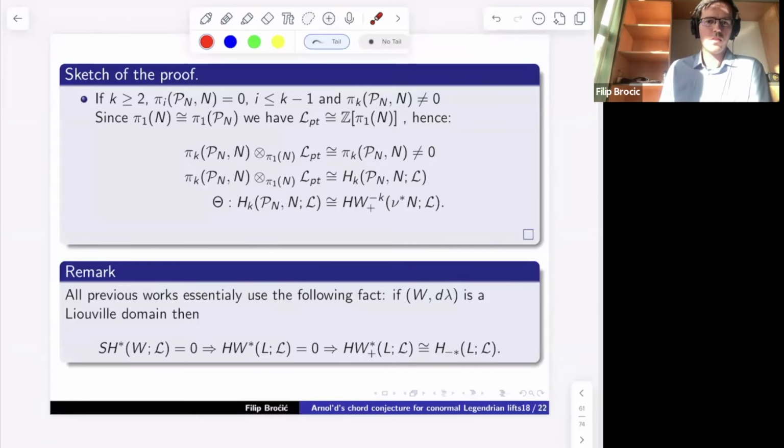So even though this is not entirely stated in the work of Mohnke, Mohnke's work is also in the case of subcritical Stein manifolds, which are now known to be such type of Liouville domains with vanishing symplectic cohomology. So in particular, if the Legendrian is fillable, one can deduce a similar result as Mohnke by the similar method of vanishing symplectic cohomology, which means in particular that Reeb-Floer cohomology will be isomorphic to the singular homology of the Lagrangian.